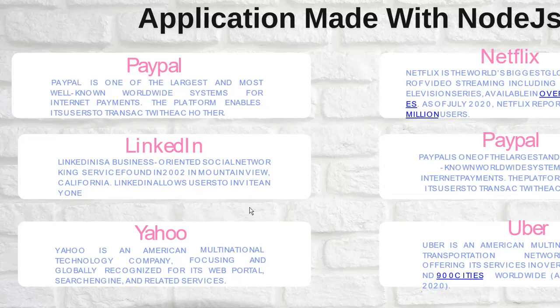And Mozilla Firefox, you have heard about that one, and GoDaddy. GoDaddy is a domain hosting service, used by about 19 million customers and 6 million domain users under domain management. These are all using Node.js as a backend.